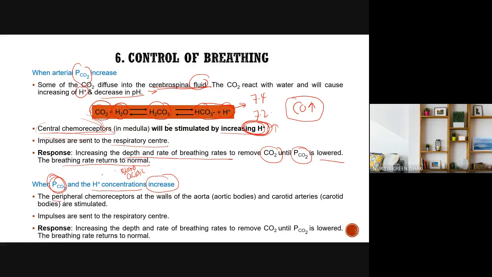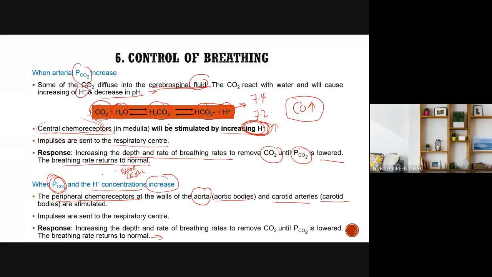So this will be detected by the peripheral chemoreceptors, where were they? The aortic bodies near the aorta and also the carotid bodies near the carotid arteries, the carotid is near your neck. So impulses are sent to the respiratory center. So the response is to increase the depth and the rate of breathing to remove carbon dioxide until the partial pressure of carbon dioxide is lowered, until the breathing rate returns to normal.